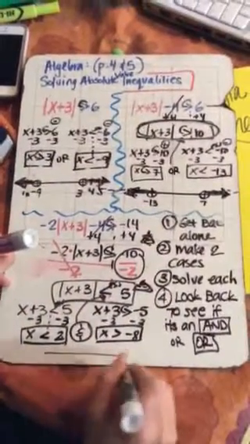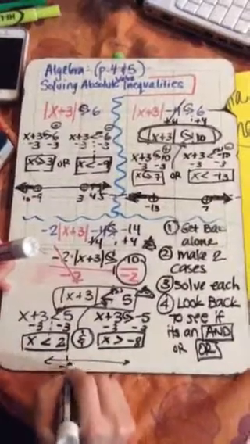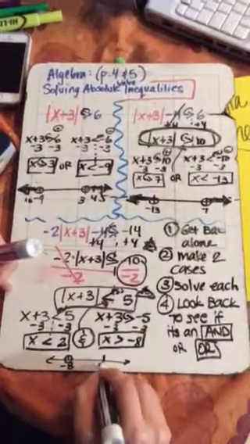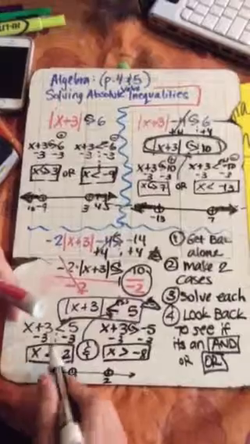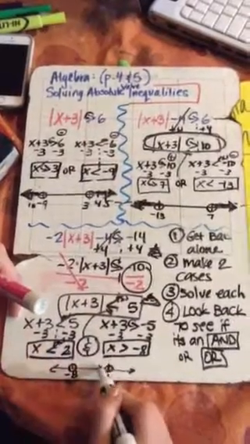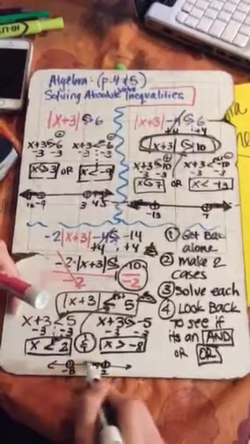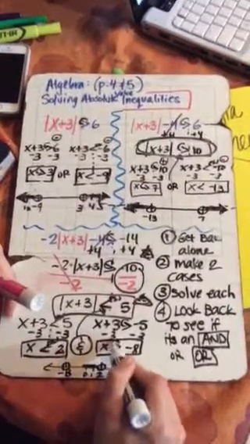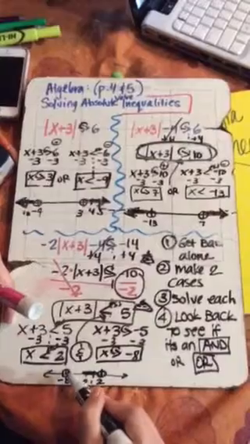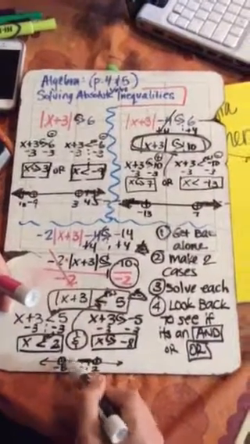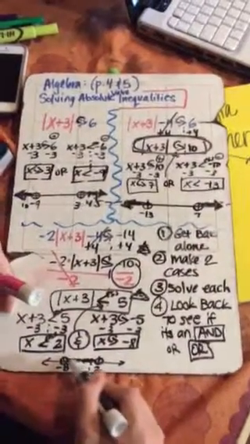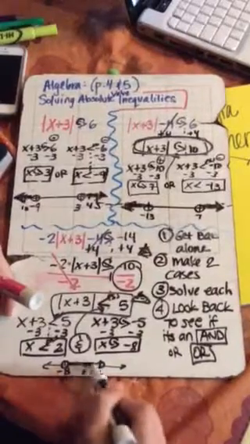So on the graph, -8 comes first, open circle, and then 2 would be over here, open circle. So x can be anything less than 2. So 1 is less than 2, 0. Anything less than 2, and it has to be greater than -8. So 1 is greater than -8 and less than 2. -7 is greater than -8 and less than 2.